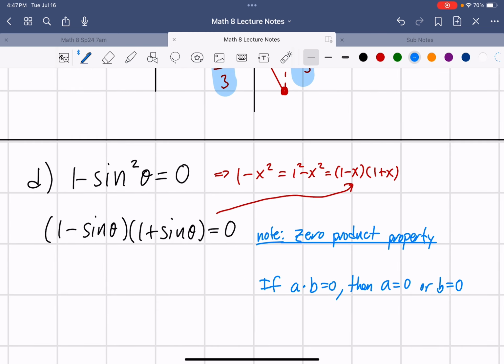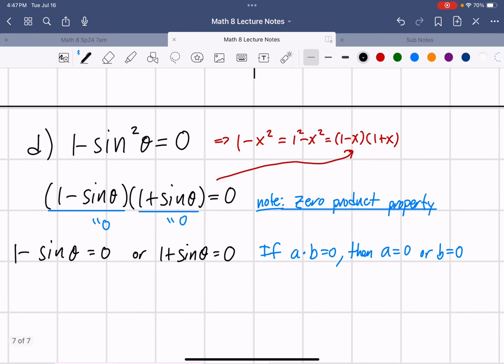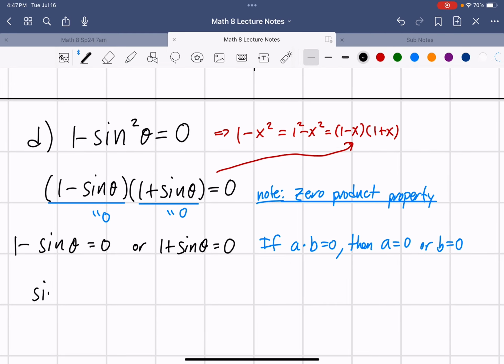So we take each factor and set each one equal to 0. So we make two separate equations. This is all from algebra. 1 minus sine theta equals 0, or 1 plus sine theta equals 0. From the first equation, that's going to become sine theta is equal to 1. Or from the second equation, sine theta equal to negative 1.